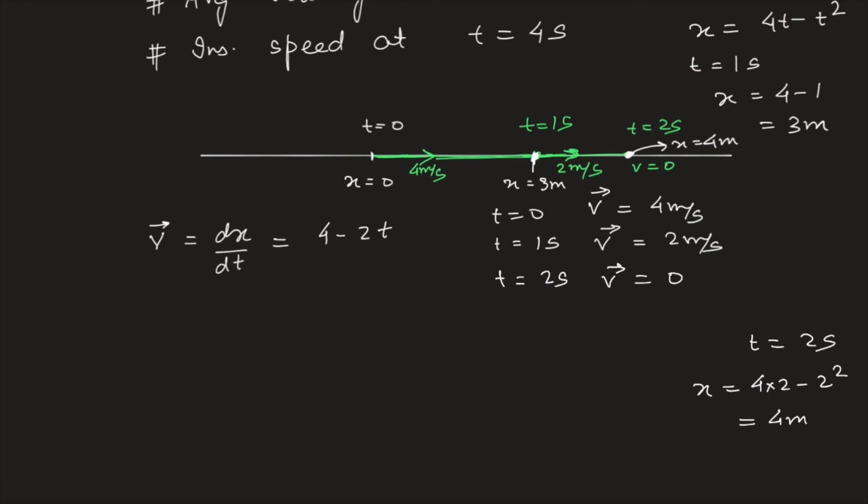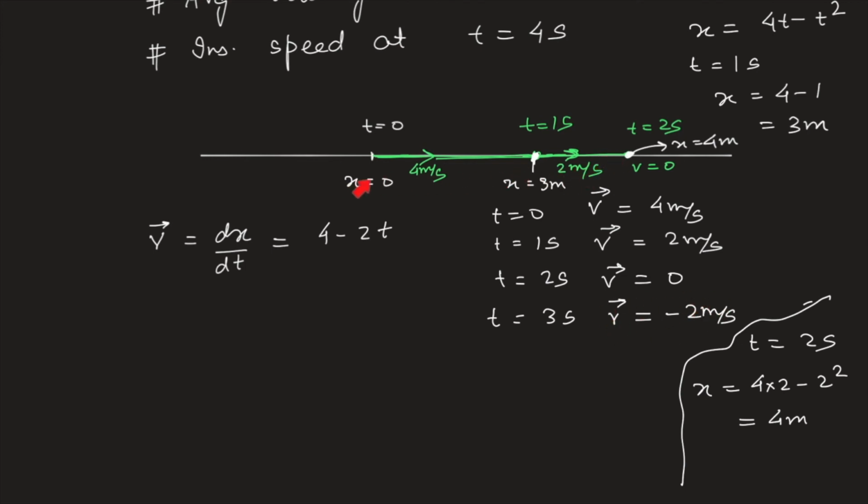Now what happens if we increase the time beyond 2 seconds, let's say 3 seconds? We will have velocity equals 4 minus 6, that is minus 2 meter per second. Now this is interesting. Okay, let me draw a partition over here. This is interesting because now we can see that the particle is returning back.